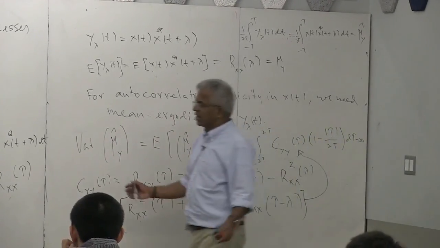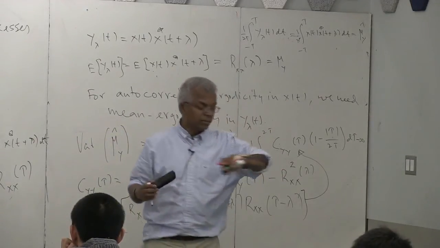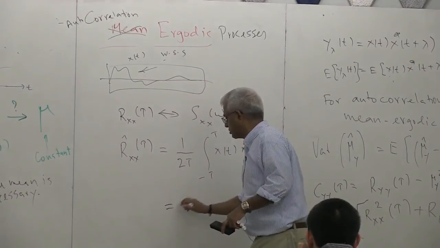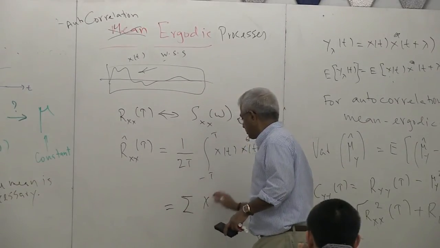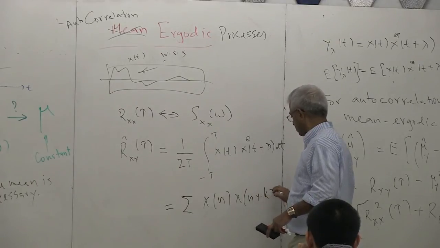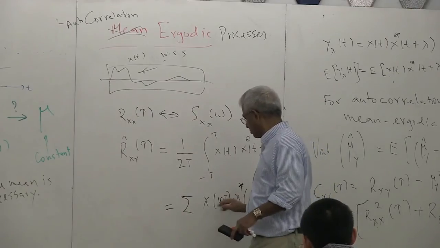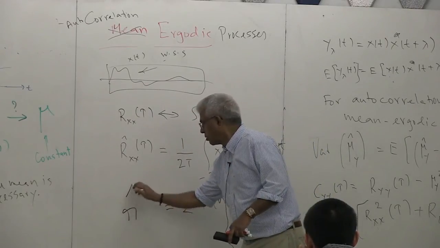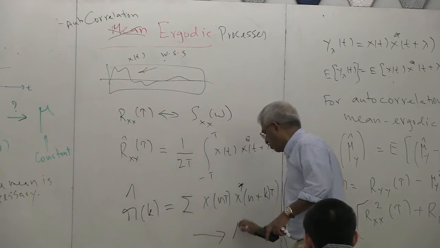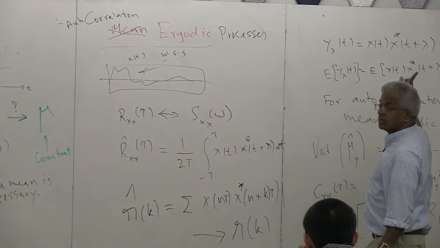Or generally if you measure discrete data, then what you have here is the summation over xn, and this is what you call autocorrelation at lag k, and the hope is that this will go to the actual autocorrelation under these conditions.